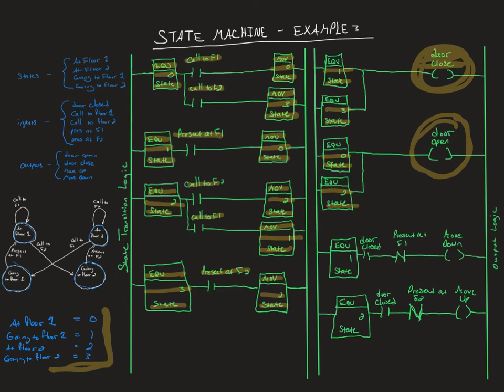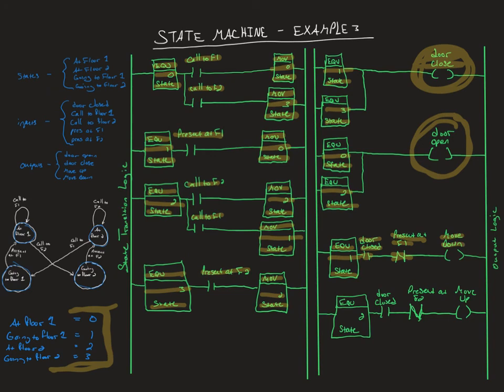Okay, if we're in state 1, going back to our encoding table, that is going to floor 1. So if we are going to floor 1, and, so logic here is an AND, right? And the door is closed, and another AND, we are not currently present at floor 1. So we're going to floor 1, our door is closed, and we're not at floor 1 yet, then move down.